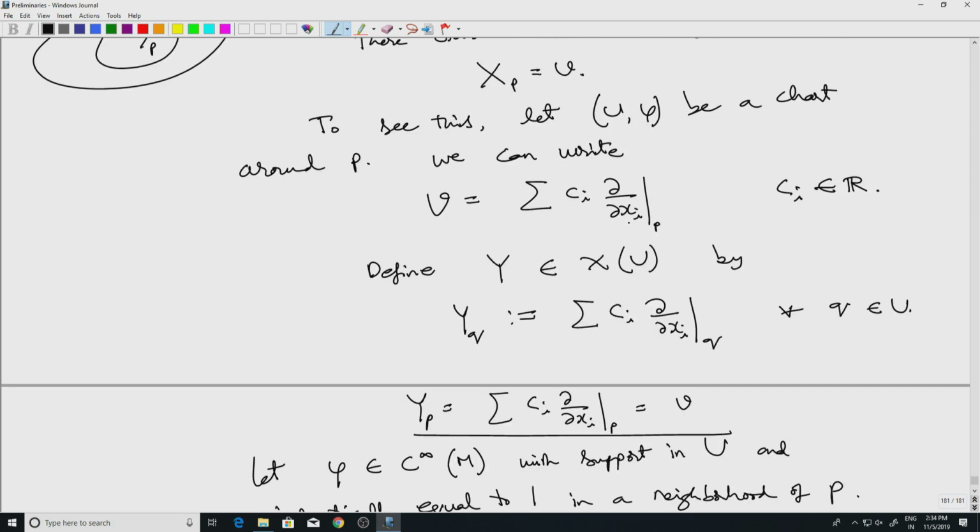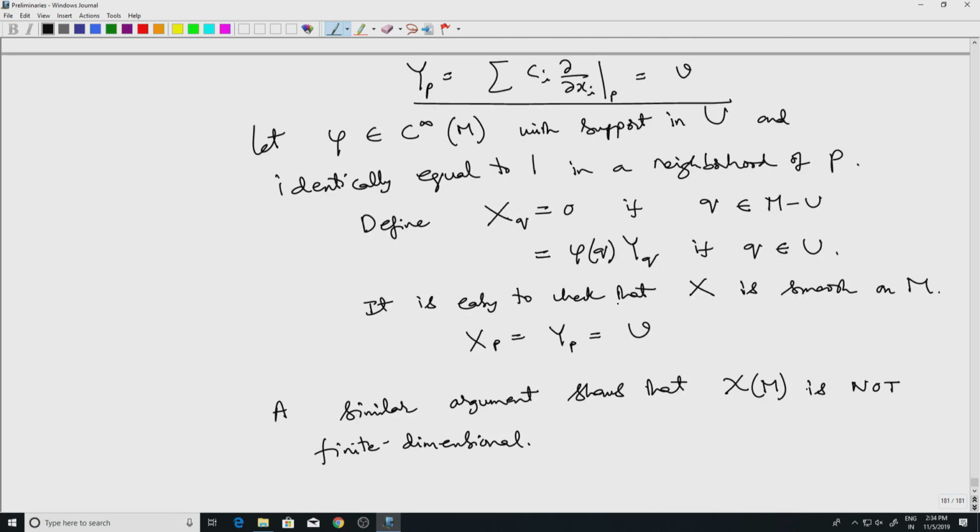One can multiply del by del x1 by various functions defined on U. For example, one can multiply by powers of x1 and then extend it to all of M. It's enough to show that it's not finite dimensional. We can exhibit an infinite number of linearly independent vectors that will do the job.